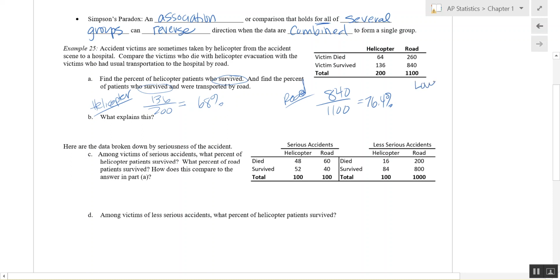Who was lower? Between these two, which one was lower? The helicopter. We're just going to keep track: helicopter had lower survival rate. Explain this. Usually there are more severe injuries transported by helicopters, so because they're more severe, they may not have as high of a survival rate. Does that mean that transporting them in a helicopter causes them to not survive?